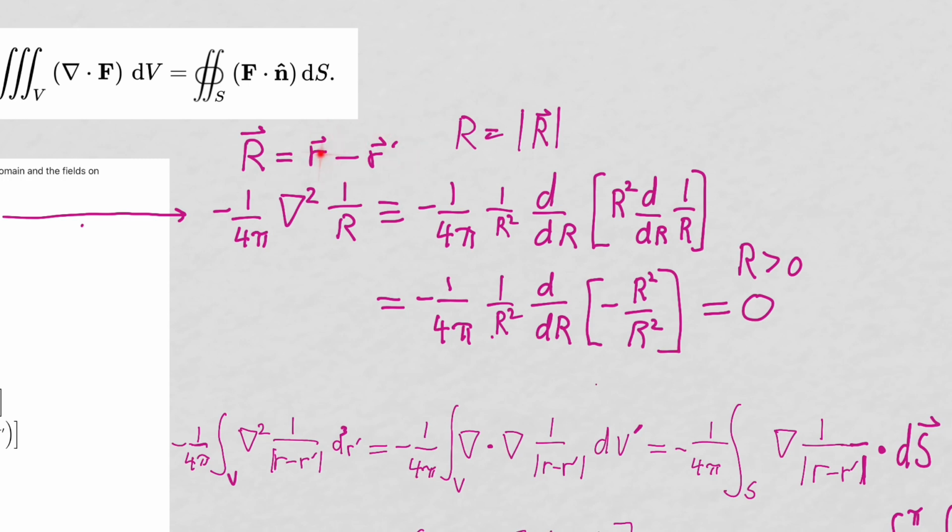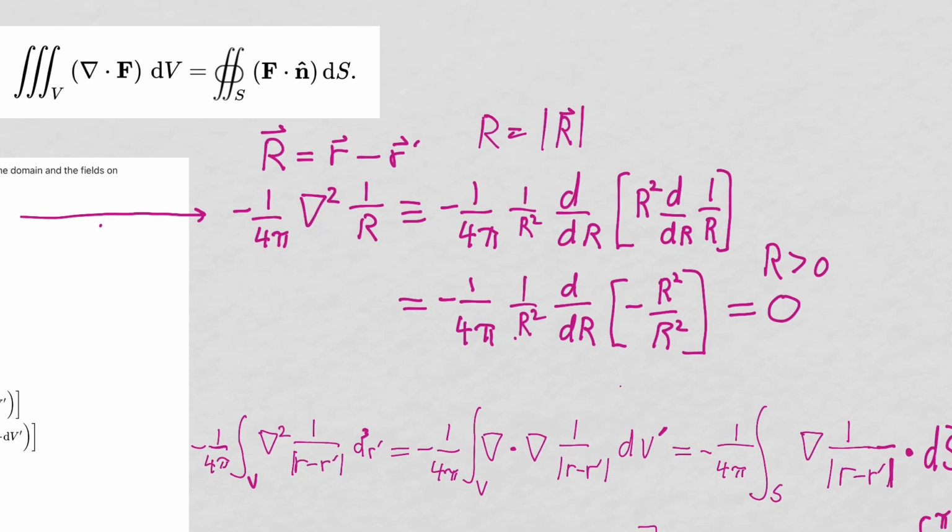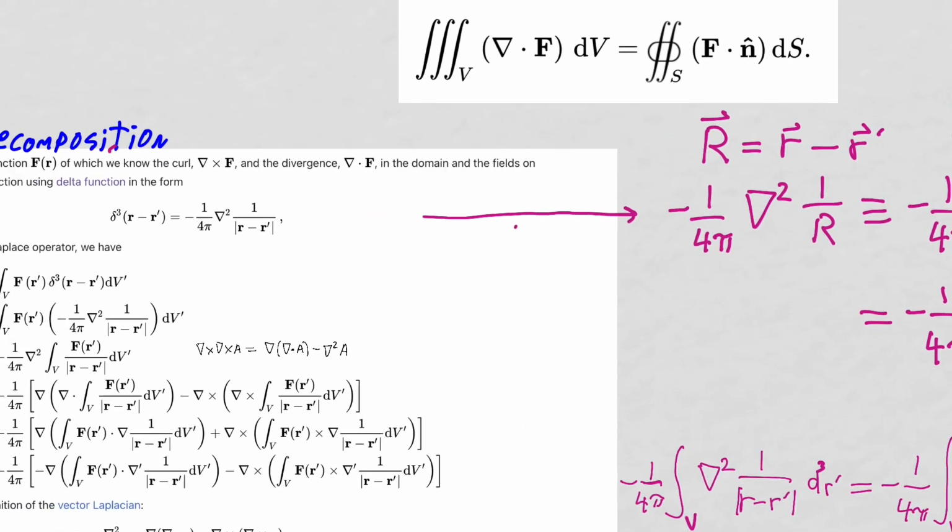So when r prime does not equal r, first we'll take this difference between r and r prime and we'll just give it a new name, the vector capital R. And the magnitude of this vector capital R will be just given by the letter r. And so now our representation can be written as minus 1 over 4 pi times the Laplacian of 1 over capital R. So this is fully equivalent to this expression here.